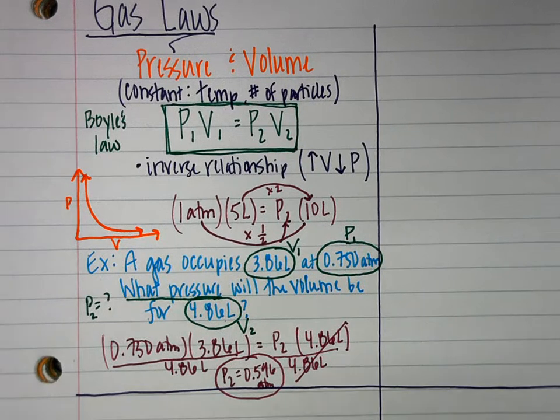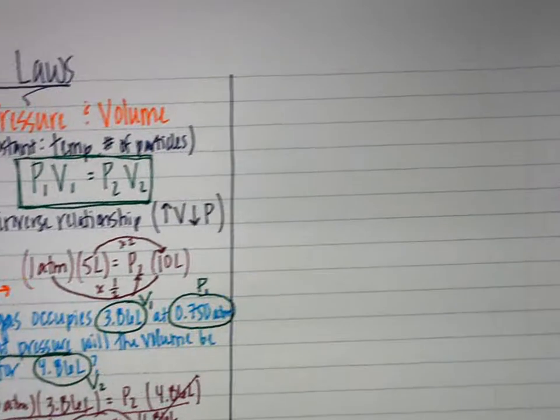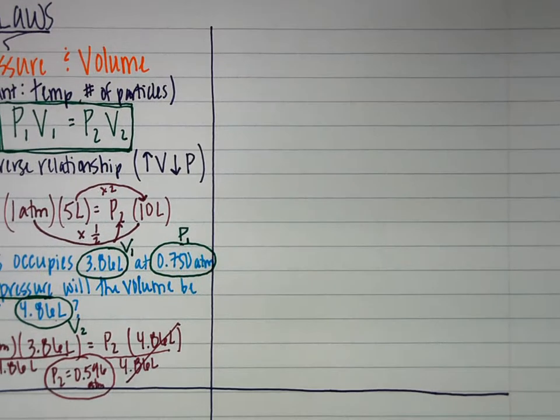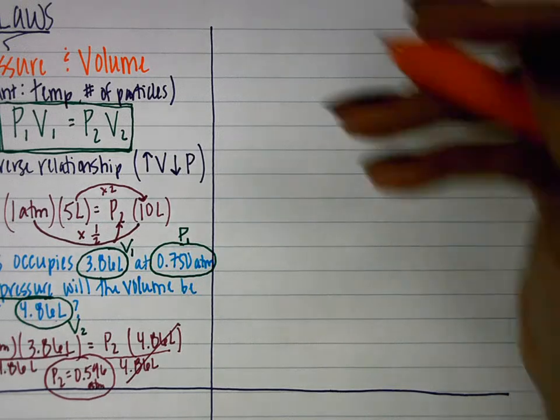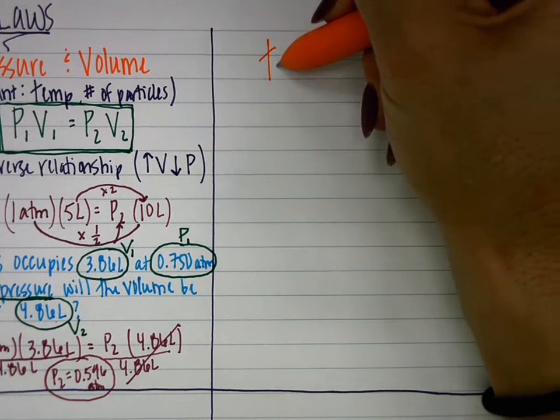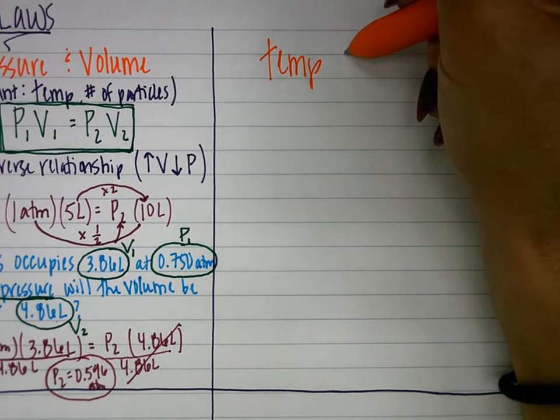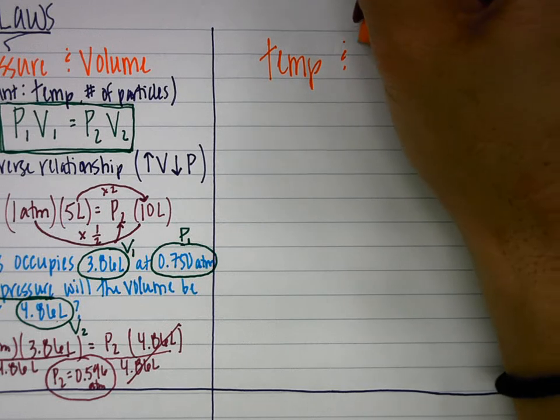All right, our second one. And again, if you miss something, we can come up and grab it. We're going to look at temp. We have 3 of these to do. Temp and volume.